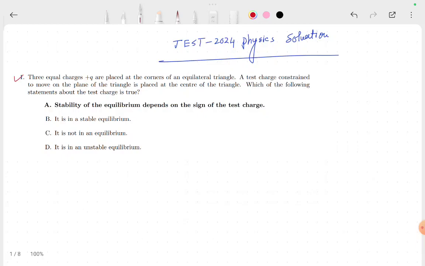In this question, three equal charges plus q are placed at the corners of an equilateral triangle, and a test charge constrained to move on the plane of the triangle is placed at the center of the triangle. Which of the following statements about the test charge is true?